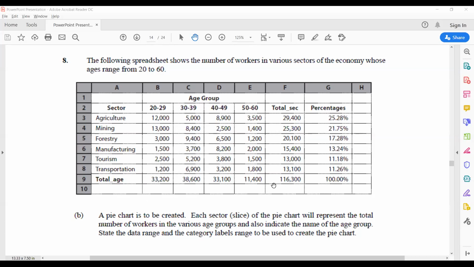Cells B9 to E9, because this calculates the sum of everyone between the ages of 20 to 29, all the sectors, right? So the cells that has the total number of workers in the various age groups will be B9 to E9, right? Everybody understands that now? Any questions on that?